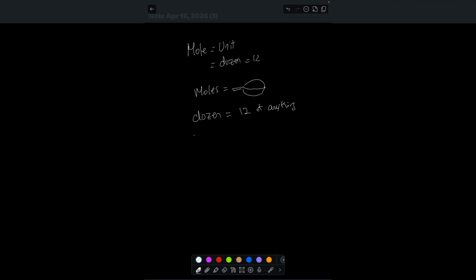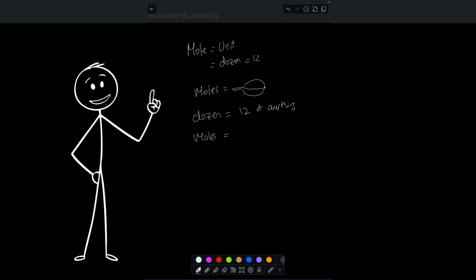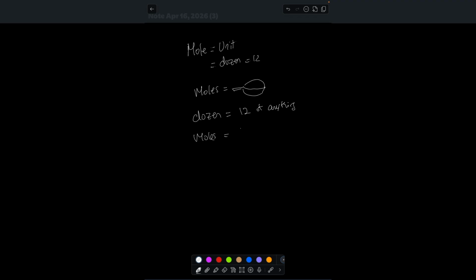well, the mole then also has a specific quantity, and that quantity is huge. That quantity is 6.02 times 10 to the 23 particles or units of anything, right?